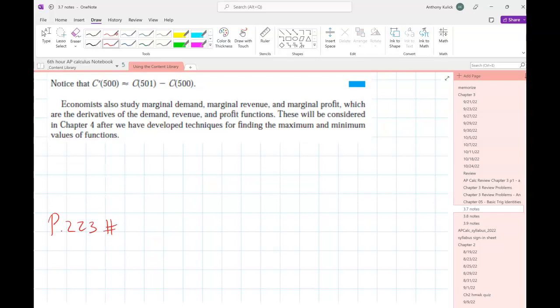So here we're going to ask you guys to do, I have this written down on the next page, it looks like: 1, 3, 5 through 7, 13, 15, 17, 26, 31, 33, 35.